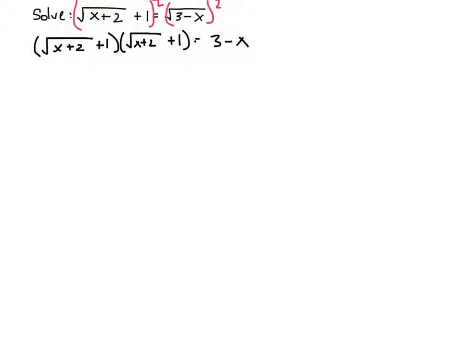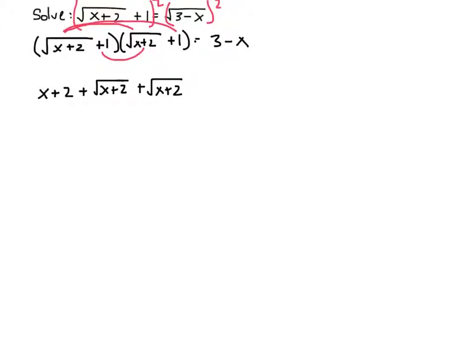Alright, now I start to FOIL this. The square root of x plus 2 times the square root of x plus 2 is x plus 2. The square root of x plus 2 times 1 is the square root of x plus 2. And look, that's always going to happen twice. 1 times the square root of x plus 2 is the square root of x plus 2.